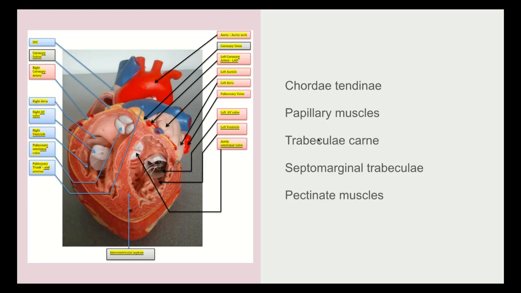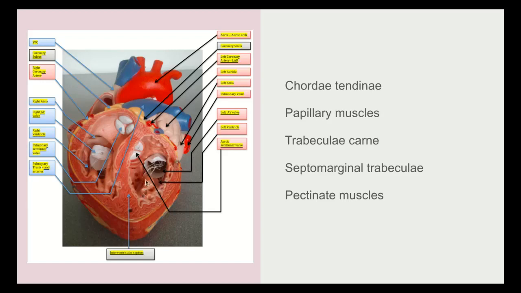And then trabeculae carneae almost means like rough meat or tortuous meat, stemming from Greek and Latin words. So your trabeculae carneae are actually going to be just lining the ventricles here.